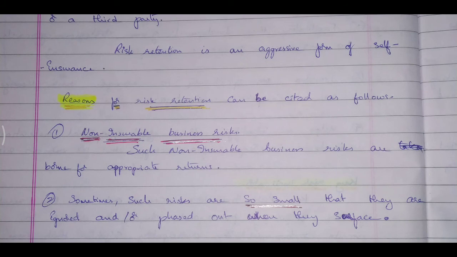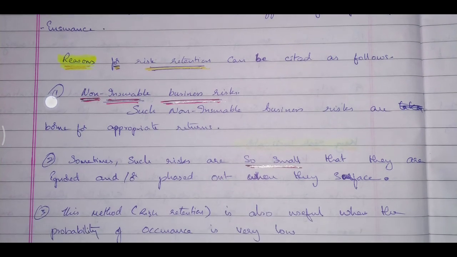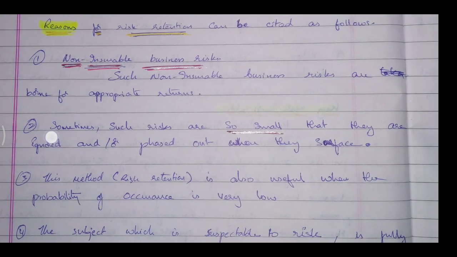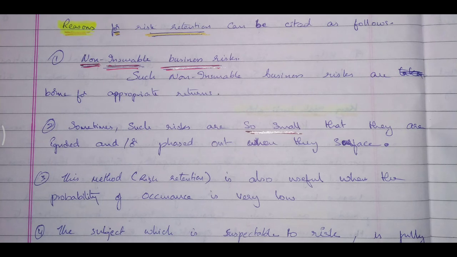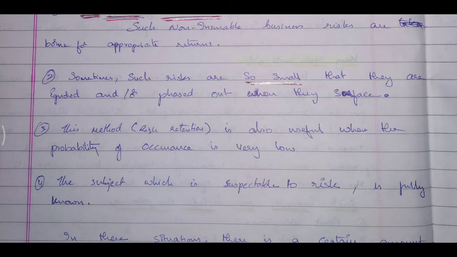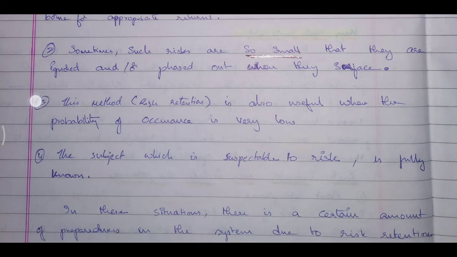Reasons for risk retention can be cited as follows: non insurable business risk. Such non insurable business risks are borne for appropriate returns. Sometimes such risks are so small that they are ignored or faced when they surface.